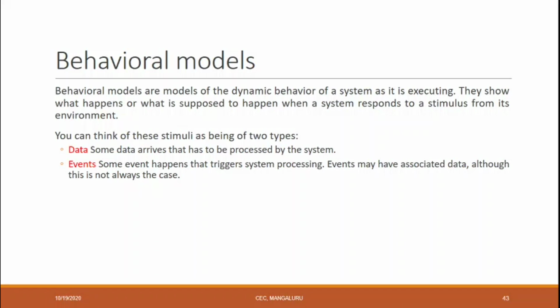In the stimulus or stimuli, we have two types: data and events. Sometimes data arrives that has to be processed by the system, and events happen that trigger the system processing. Events may be associated with the data, but this is not always the case in all requirements.